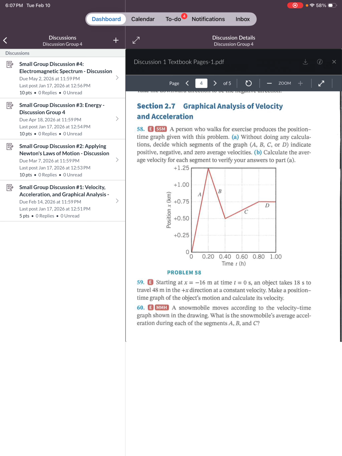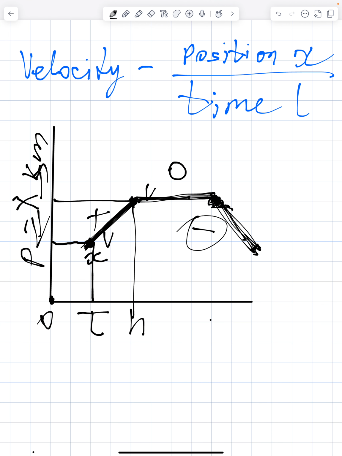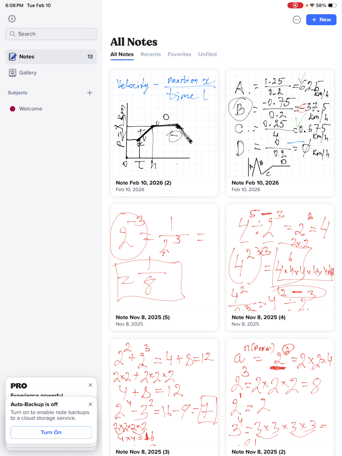So, looking at this graph, let's go ahead and open up a new page here. So going back to here, we're going to open up a new page and a new file. I don't know what's up with colors. But anyways, we take a grid, and we draw a little graph here.